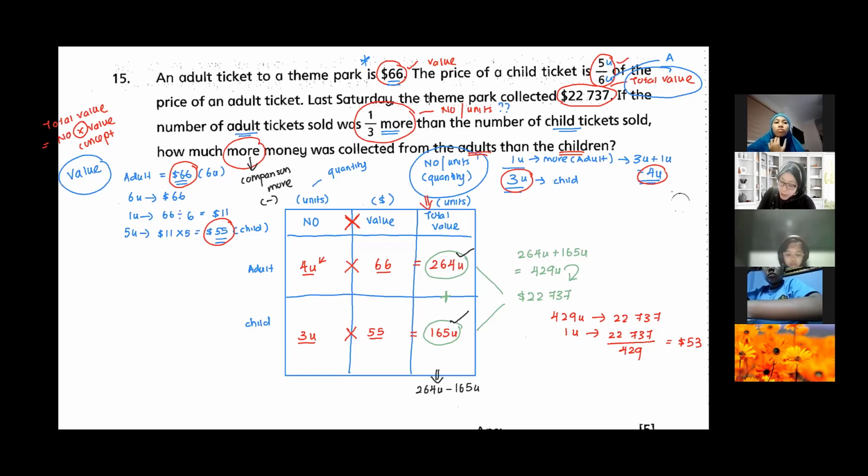Equals 99 units. This is what I want to find. So 99 units is $53 times 99 equals 5247. Answer.